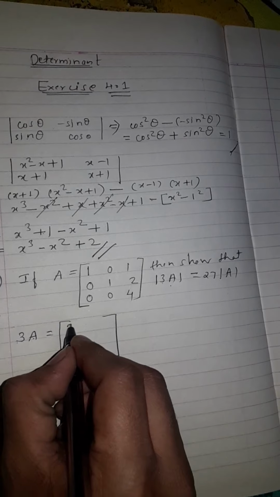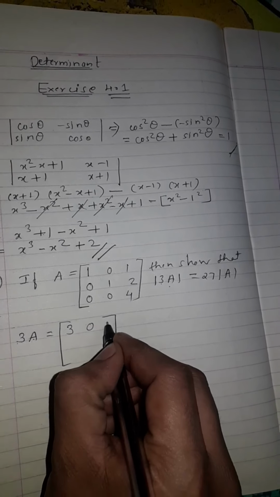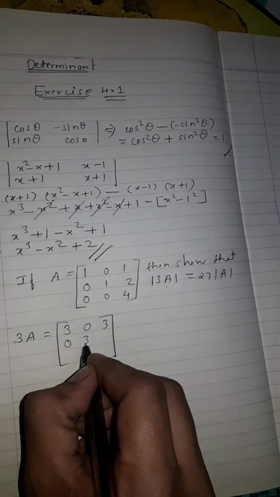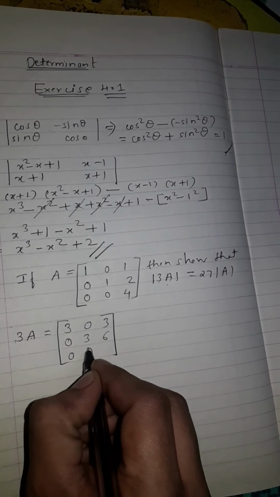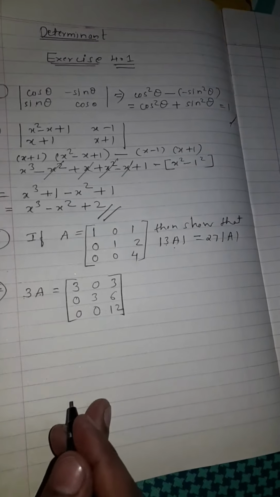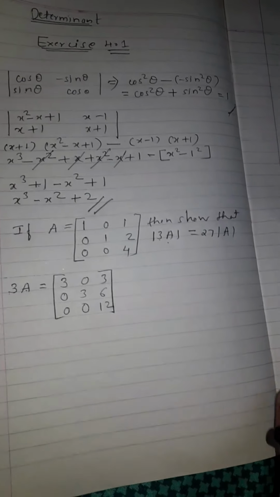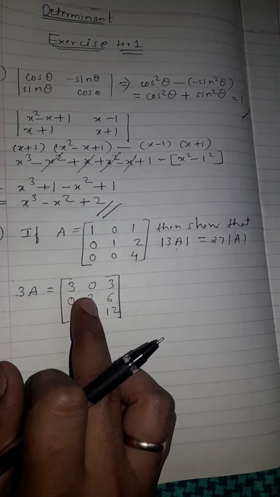So you will get 3, 0, 3, 0, 3, 6, 0, 0, 12. This is your 3A matrix.